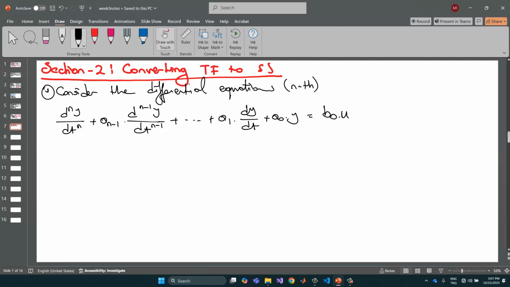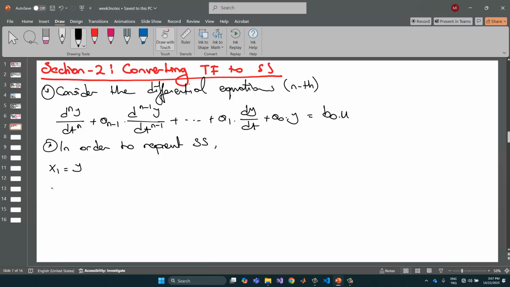So, how can we define the state space from it? Just remember the dummy variable, right? In order to represent the state space, first of all, x1 is a dummy variable.